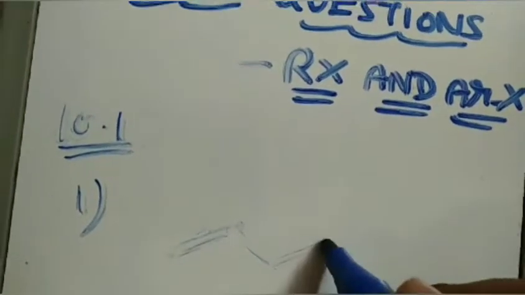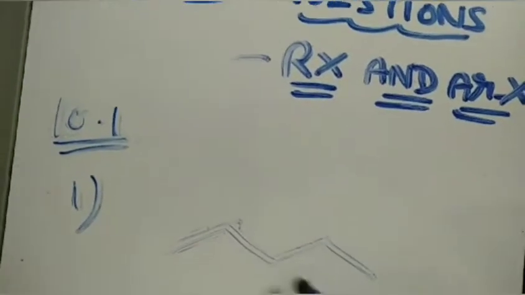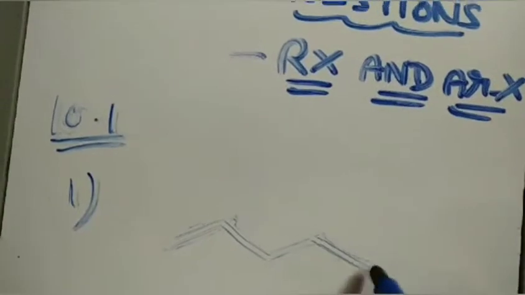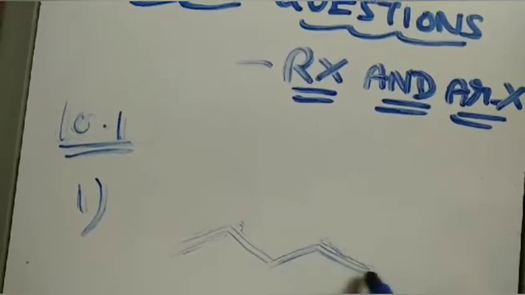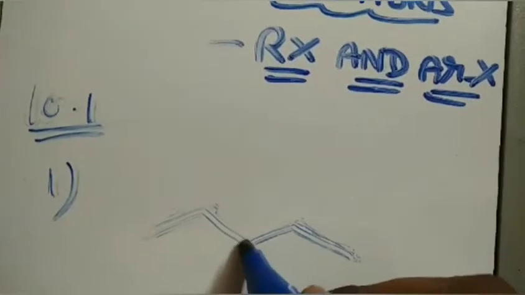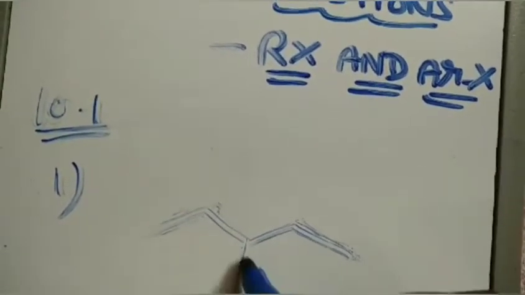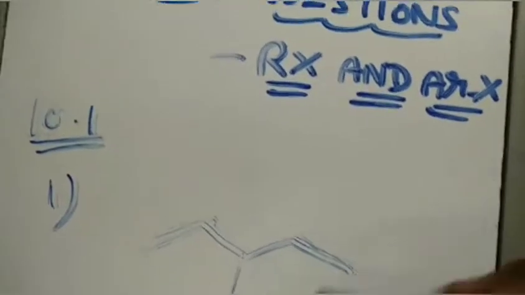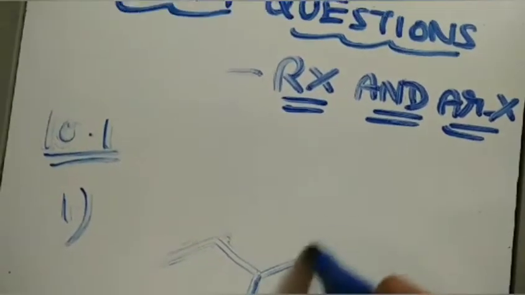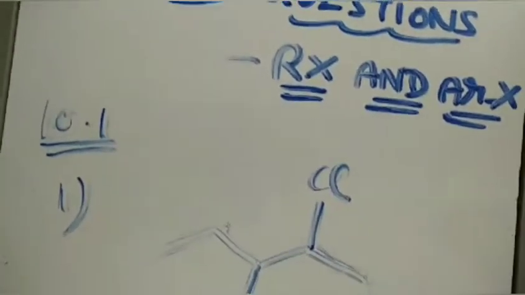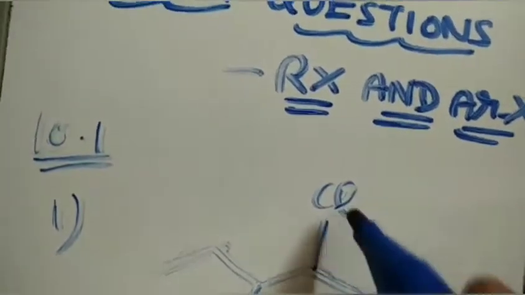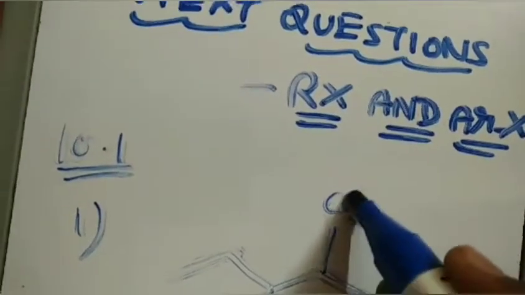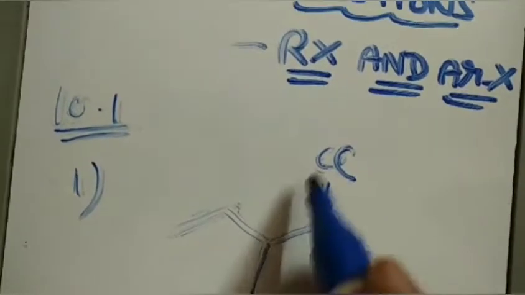This is the pentane structure. 3-methyl, so this is the third position: 1, 2, 3. 2-chloro, so the chloro is here, that's all, simple. You can leave the methyl in bond line. 2-chloro-3-methylpentane.